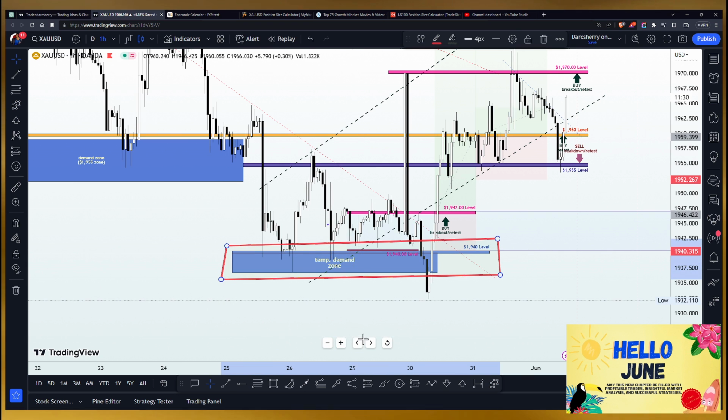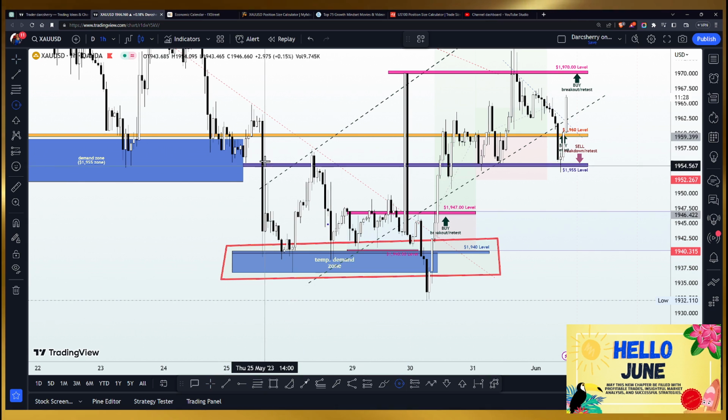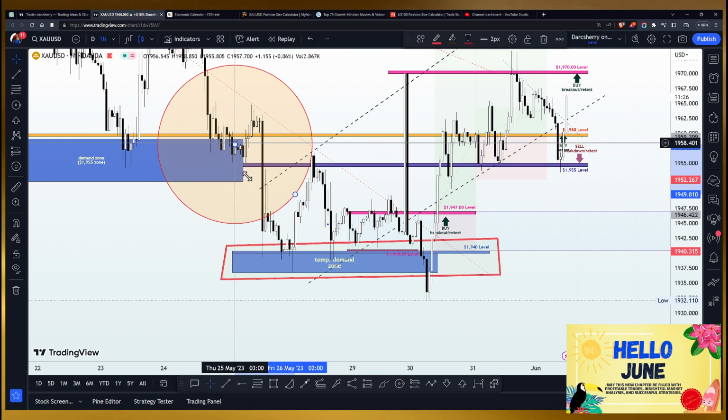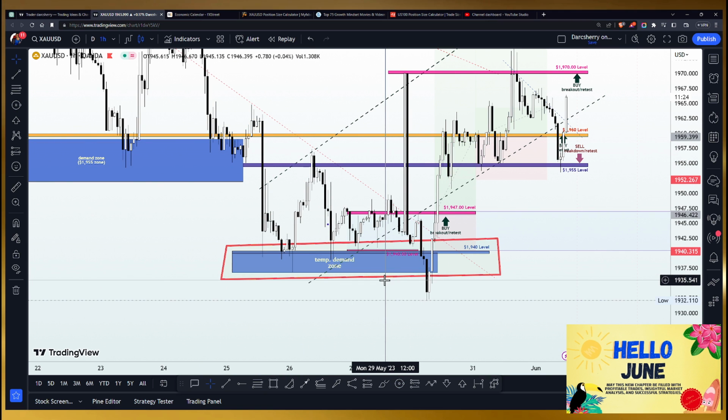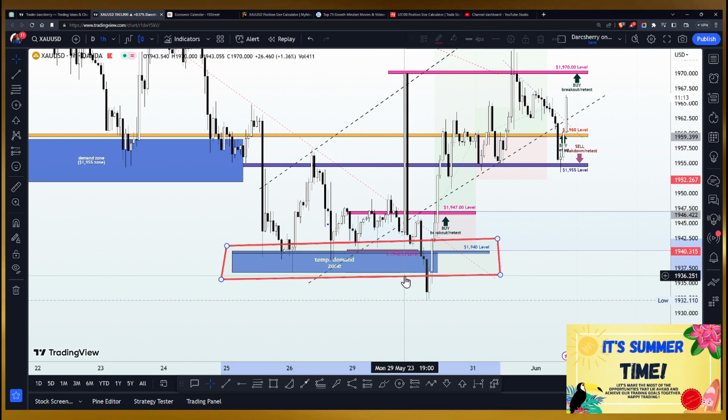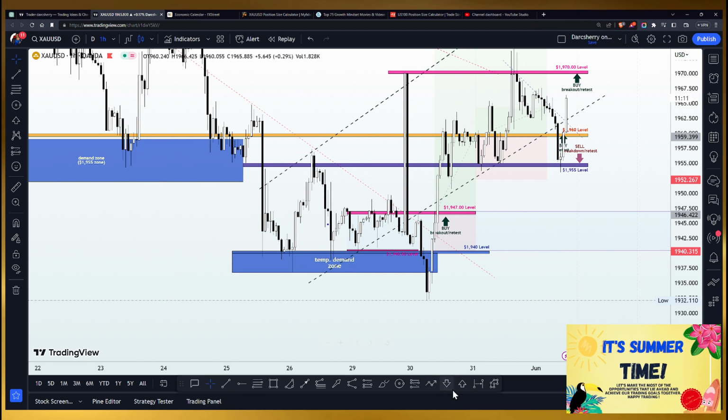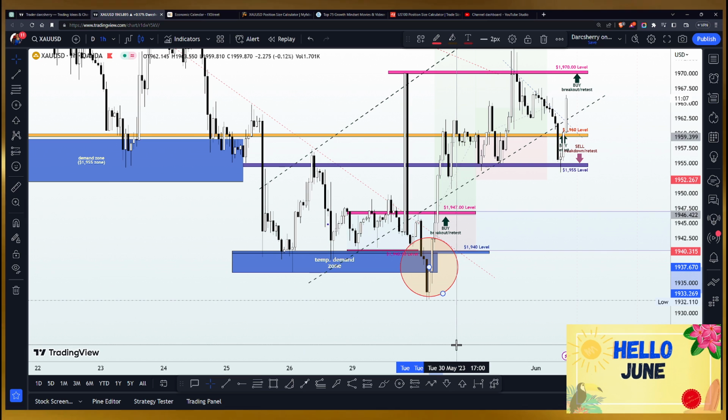And as you can see, despite the fact that we saw a breakdown of our key level last week, as soon as price action got into the 1940 level, buyers jumped in to negate how sellers attempted to break down that structure. Though we had a little breakdown of this level at the beginning of Tuesday's trading session, it later turned out to be a false breakdown.